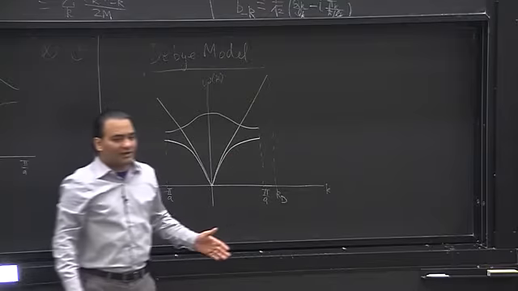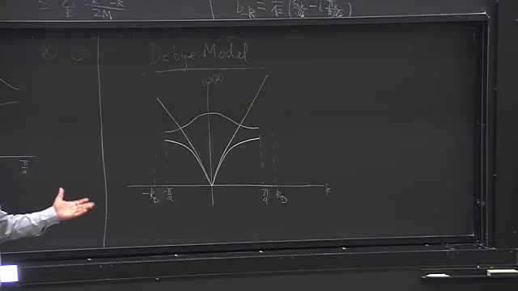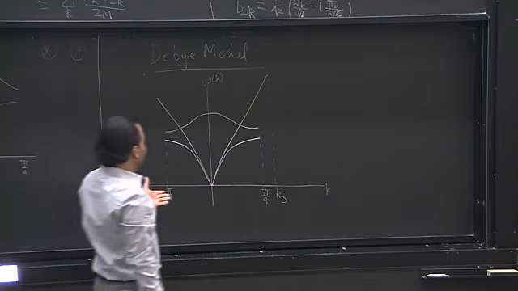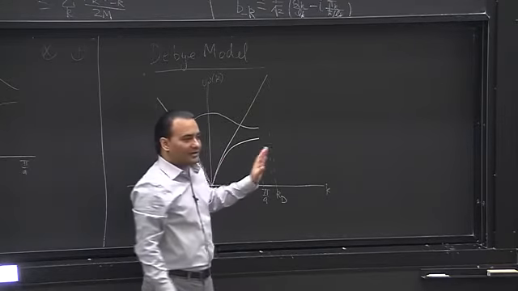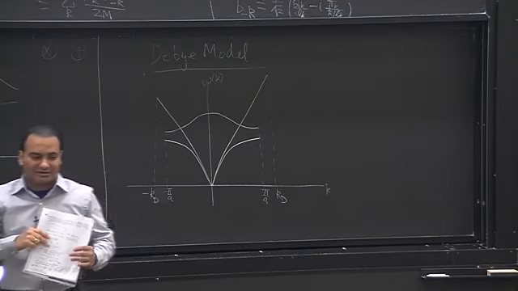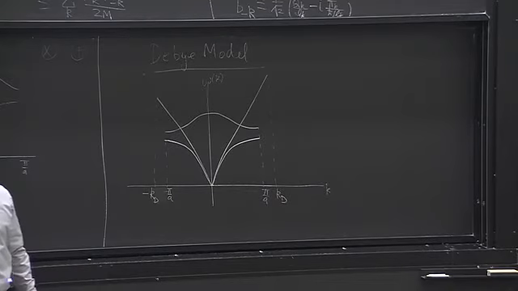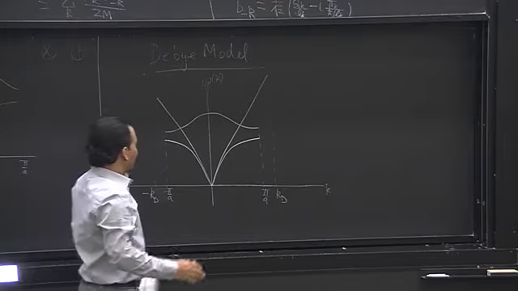Also, for the acoustic mode, the dispersion is really sinusoidal. You have a sine function, and you're replacing this whole thing by a linear function. So this seems like a very crude approximation.